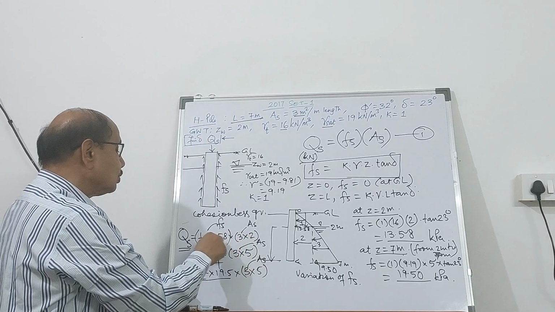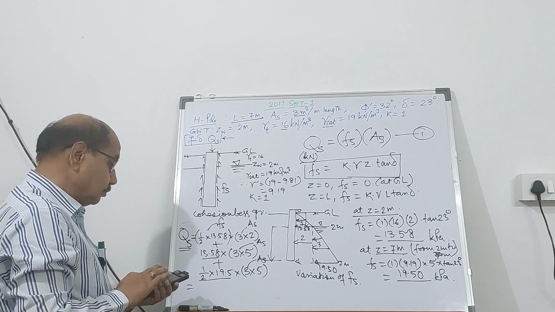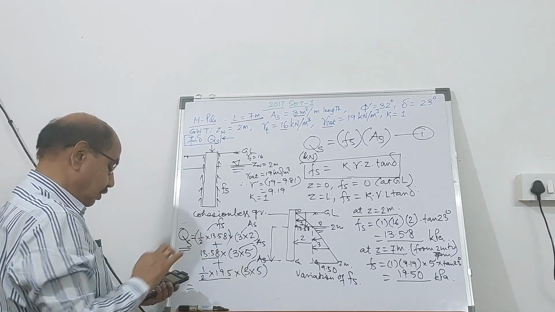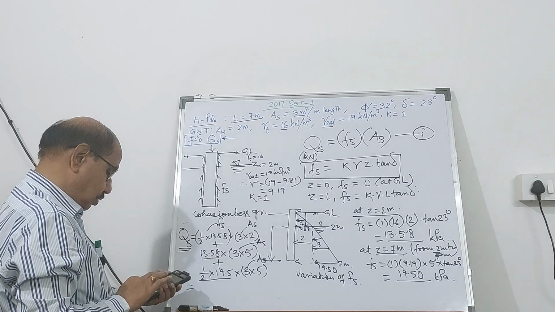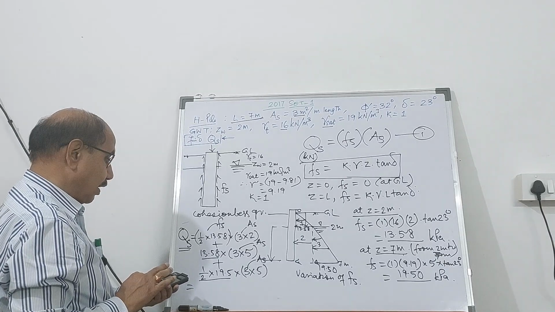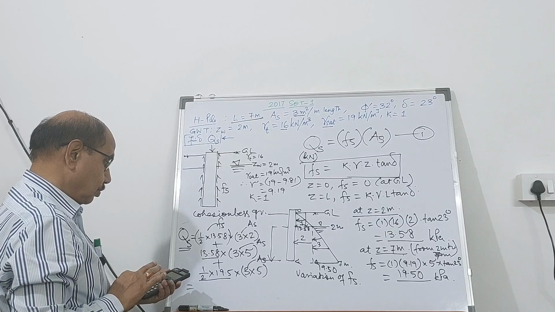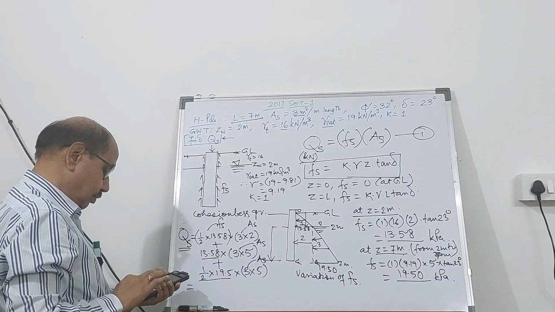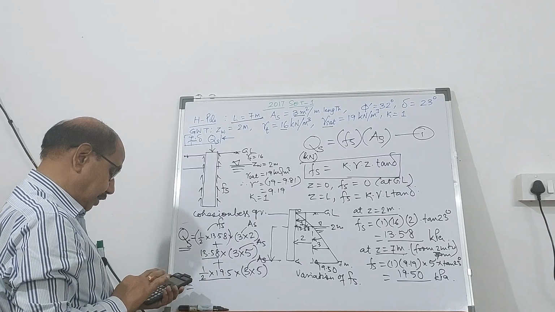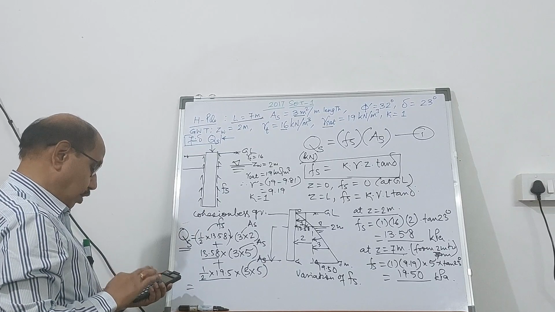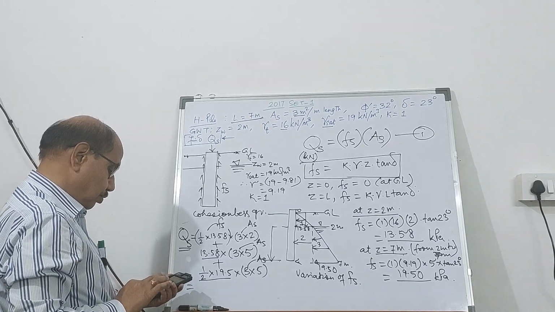So this becomes 13.58 into 3 plus 13.58 into 15 plus 19.5 multiplied by 15 divided by 2.